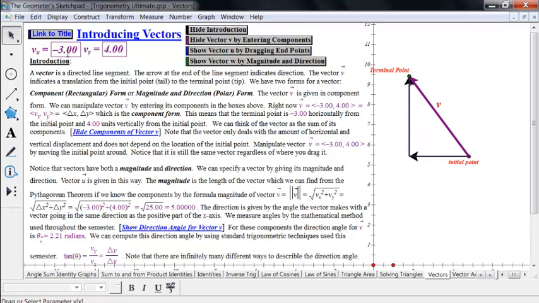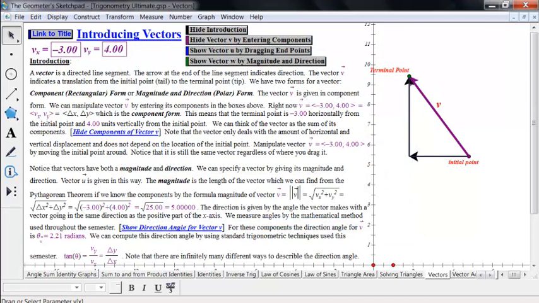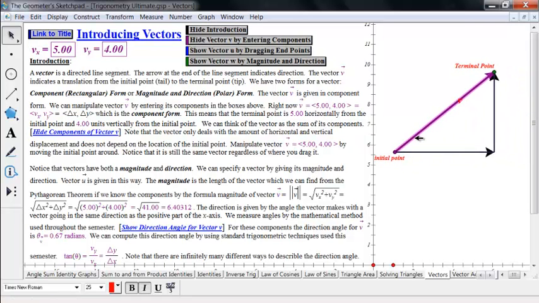This -3 that we have for our first coordinate, our x component, says that this point is going 3 units to the left. So the first component is either left or right. If it's negative, it's to the left. And if we put in a positive number here, then the vector is going to the right.